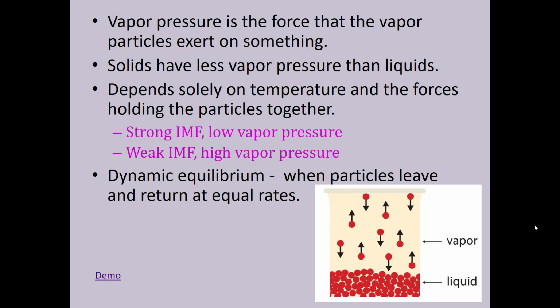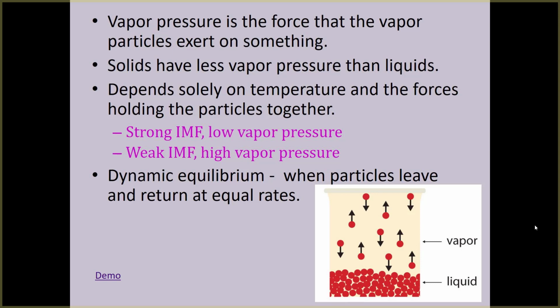So this next slide says that the stronger the intermolecular forces, then the lower the vapor pressure. The weaker the intermolecular forces, the higher the vapor pressure. And again, the vapor pressure is just those gas or vapor molecules above the liquid. They're slamming into the sides of the container, exerting a pressure.